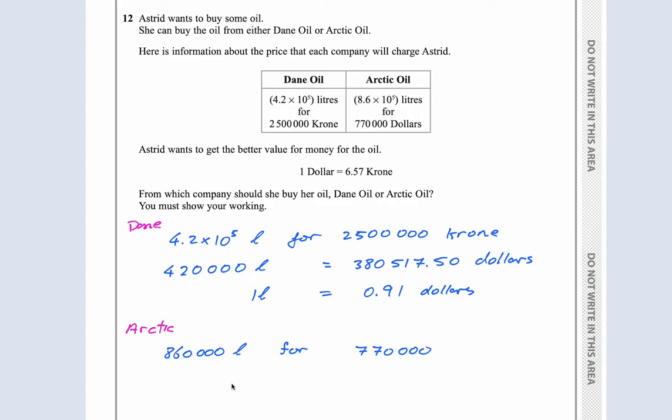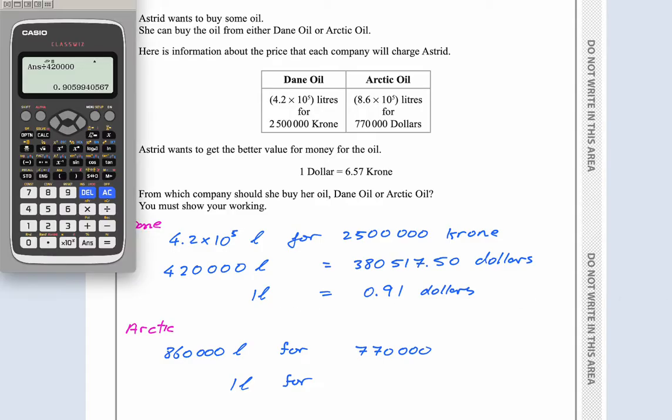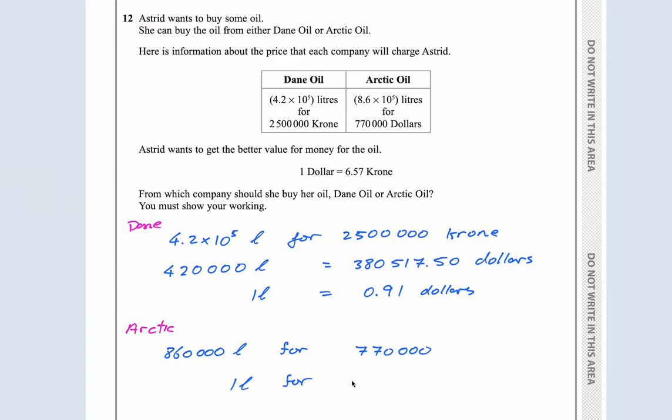These guys are giving 1 liter for... And now I need to do 770,000 divided by 860,000. And that gives me 0.8953, or $0.90.